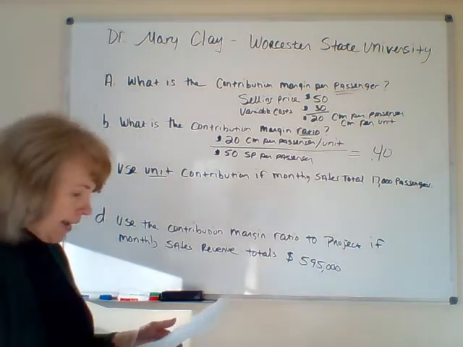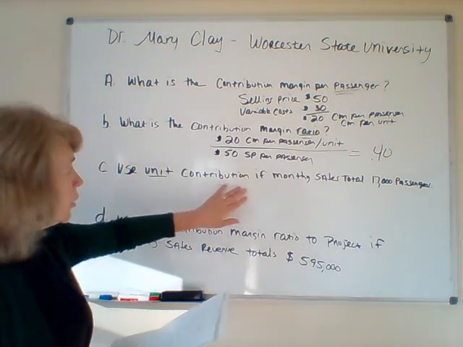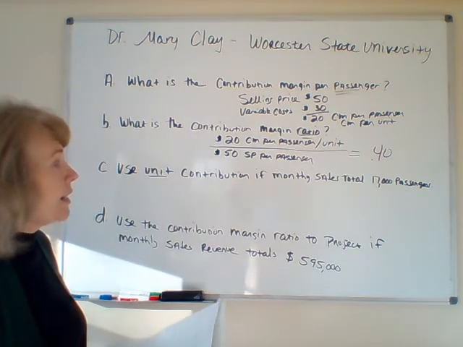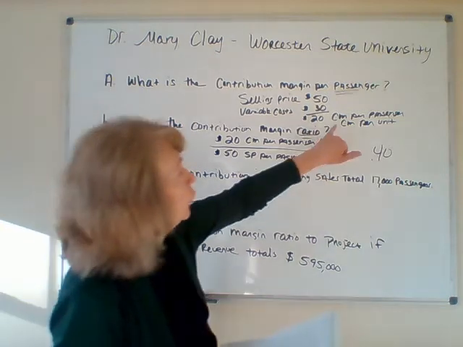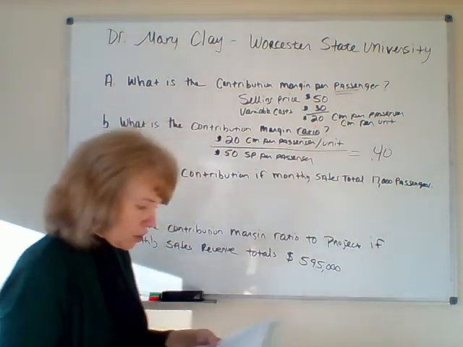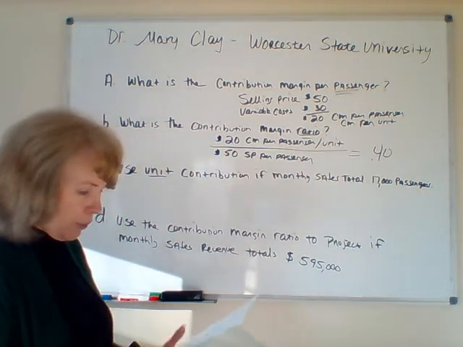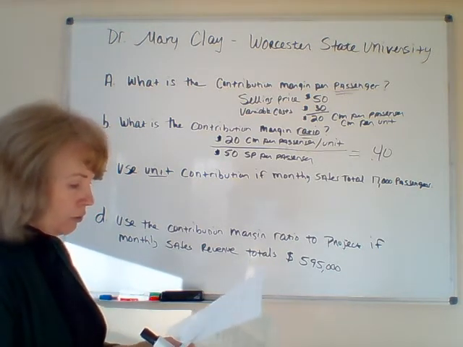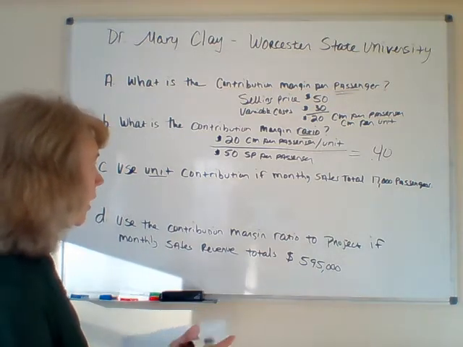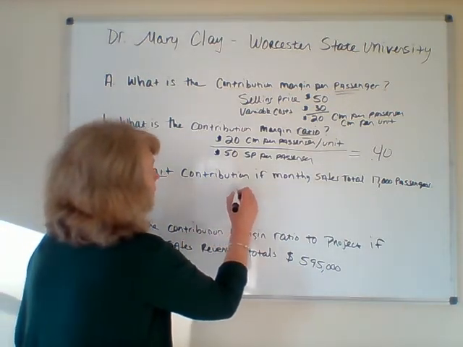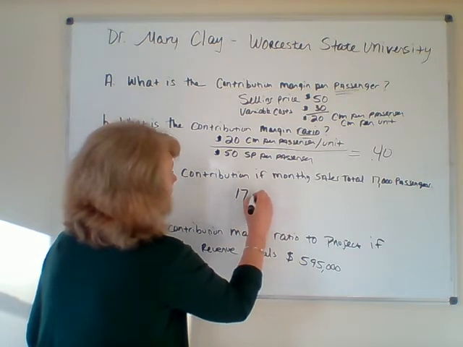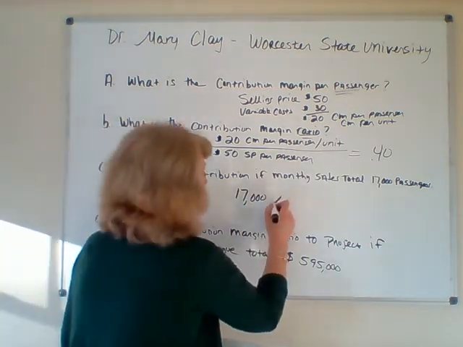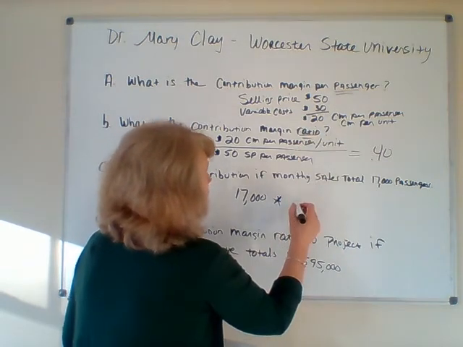Next thing it's asking is to use unit contribution if monthly sales total 17,000 passengers. Unit contribution, that's this one. So here's what we're going to do. We're going to take the 17,000 passengers and multiply it by 20.